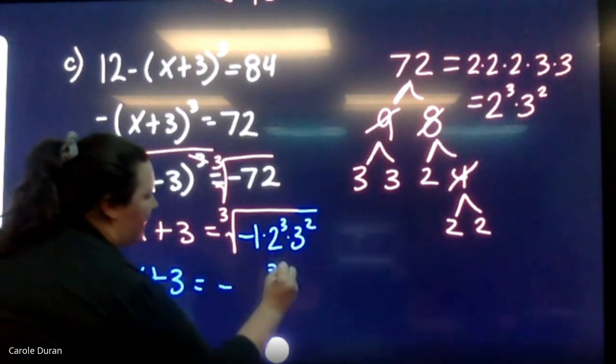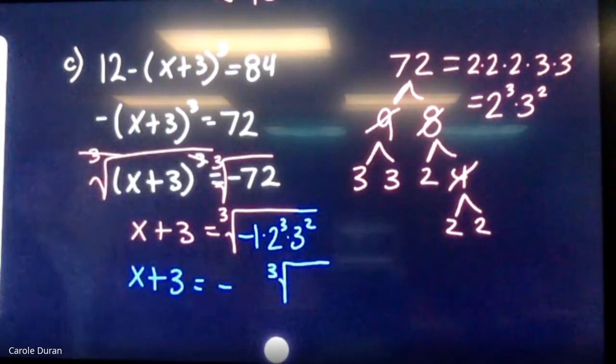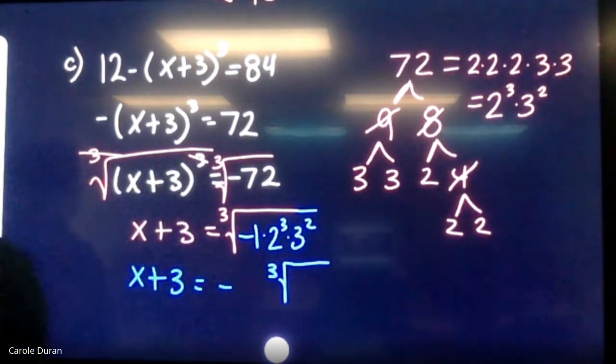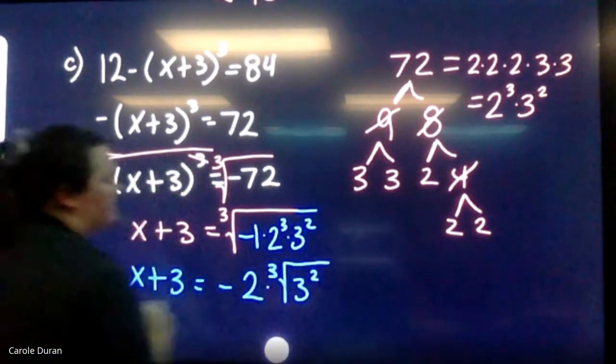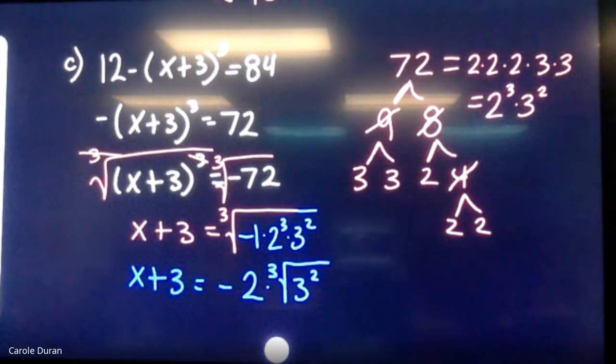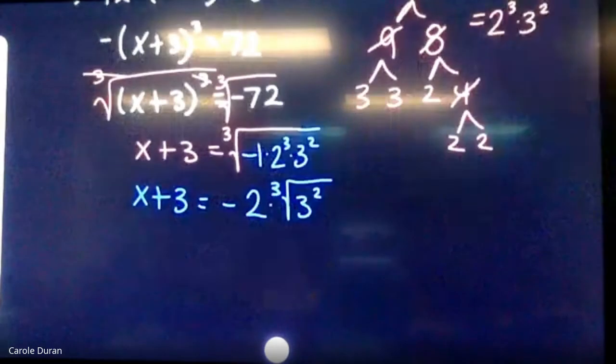So I'm going to have the negative cube root of, is either the 2 or the 3 going to come out? The 2, because it has an exponent of 3, which is going to cancel with the root 3 I already have there. So the 2 is going to come out, and the 3 squared is going to stay under. So I have x plus 3 equals -2 times the cube root of 3 squared.